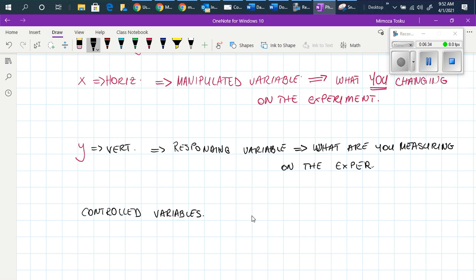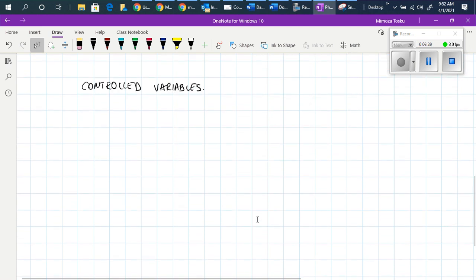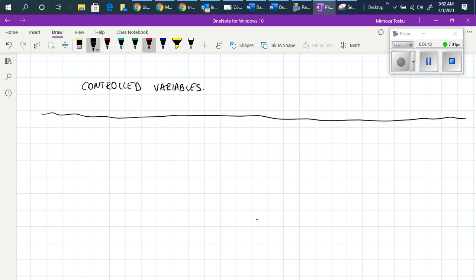So this is in terms of defining which one is the manipulated variable, controlled variables, and responding variable. And then making that connection that whatever we are changing will be in the horizontal, and whatever we are measuring will be in the vertical axis.